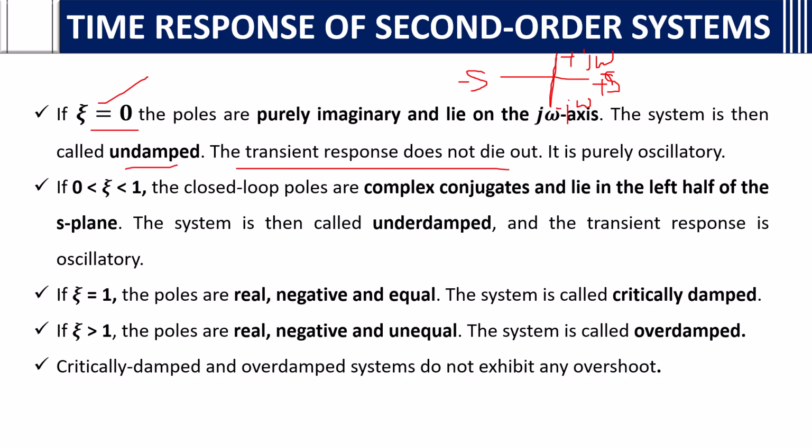The transient response will not die out, so along with the steady state response, the transient response will also be there. It is purely oscillatory.